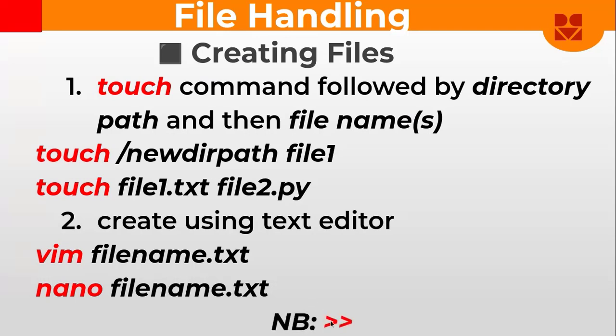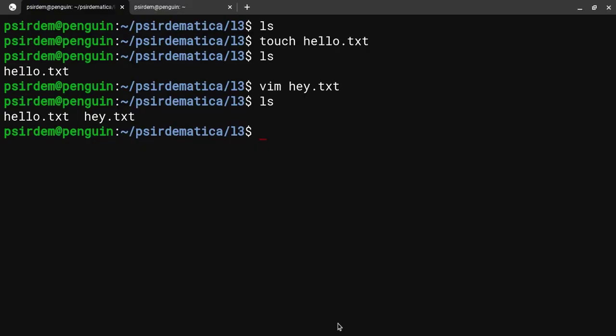Now we have to note that if you do the double greater than sign, right? So let's say I want to create a file. If you do the double greater than sign and then you give a file name, so let's say hi.txt, right?